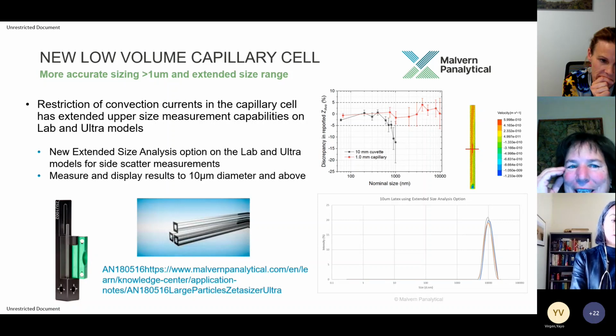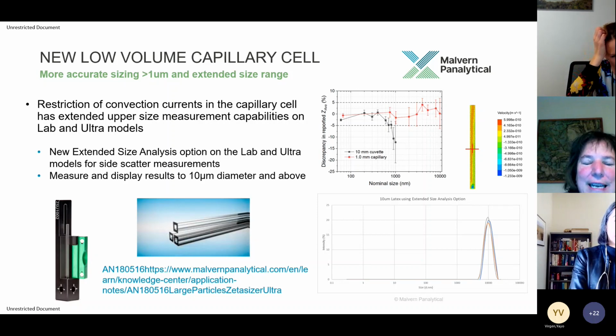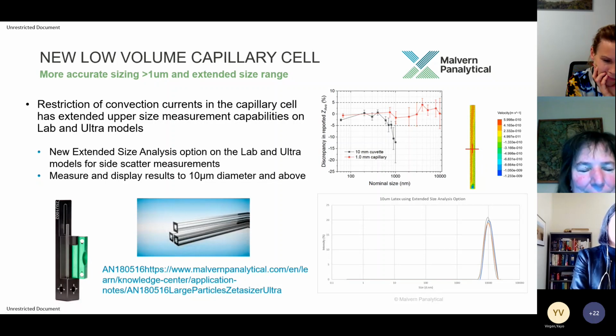So I've been talking about this new volume capillary cell, and these are little glass capillary cells. They come in packages of either 20 or 25. They're very inexpensive. There's a sample holder, and basically I just use these capillaries to dip into my sample solutions.